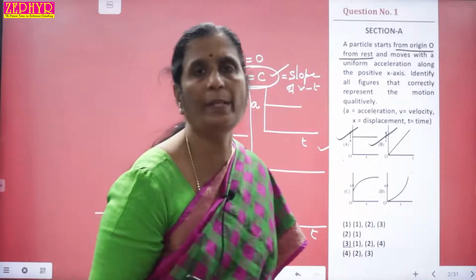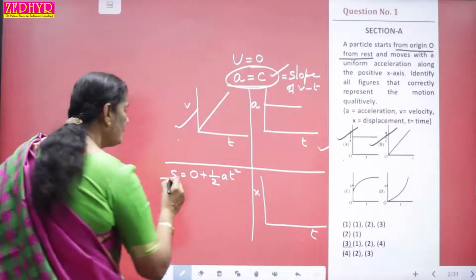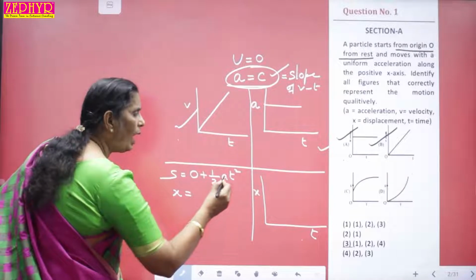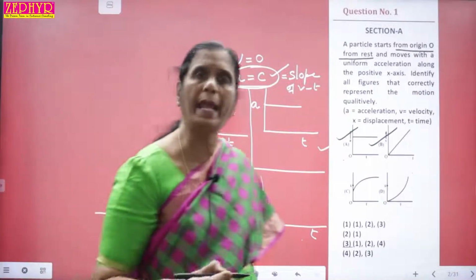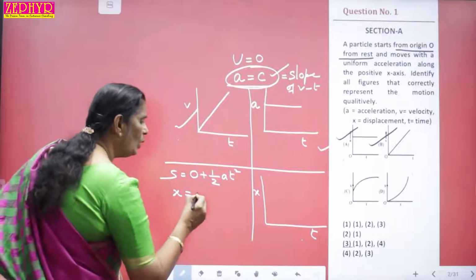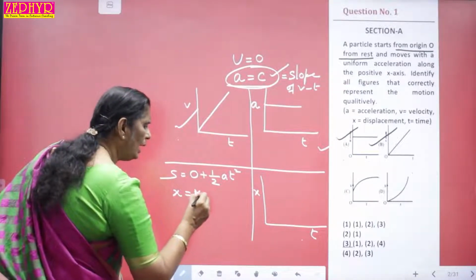S is equal to UT plus half A T square, but U is 0, so S is half A T square. Our standard equation. But S we are plotting on the x-axis. Half A is a constant, so we can put a proportionality constant K into T square.